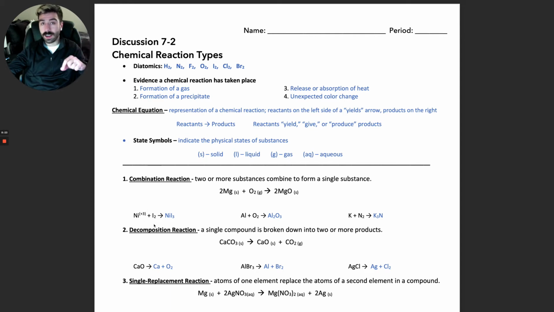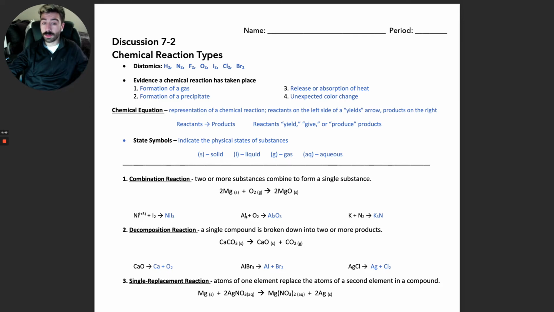Nickel and iodine combine to produce nickel iodide, which makes sense, right? Because nickel plus iodine gives you nickel 3 iodide, because it's nickel 3. But how do you write the formula for nickel 3 iodide? Well, nickel is plus 3, and iodine is minus 1, so NiI3 is nickel 3 iodide.